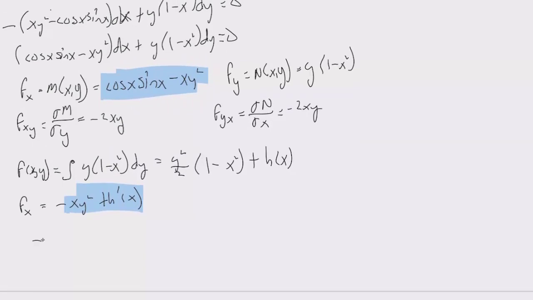So we got negative xy squared plus h prime of x equals cosine x sine x minus xy squared. Okay, so what does that clearly tell us? That tells us that h prime of x is equal to cosine x sine x.